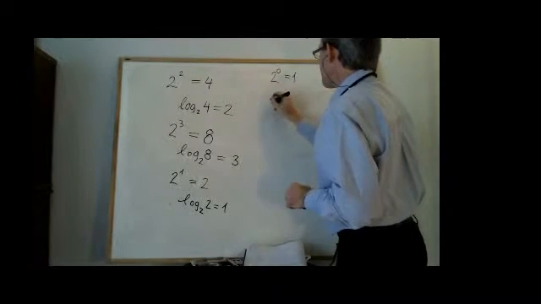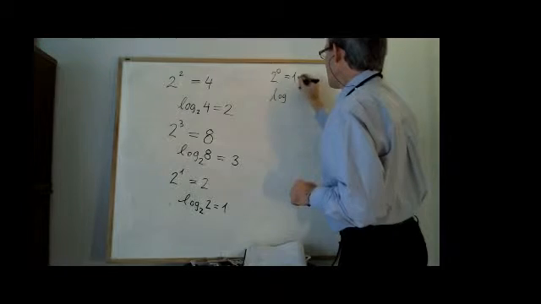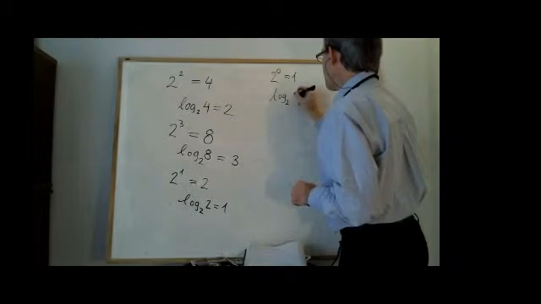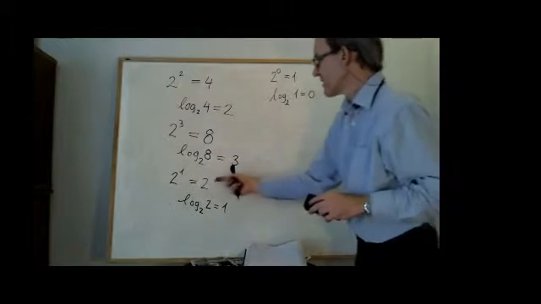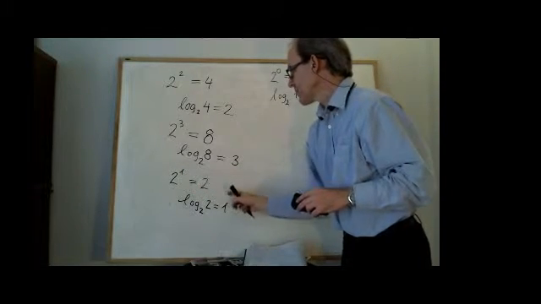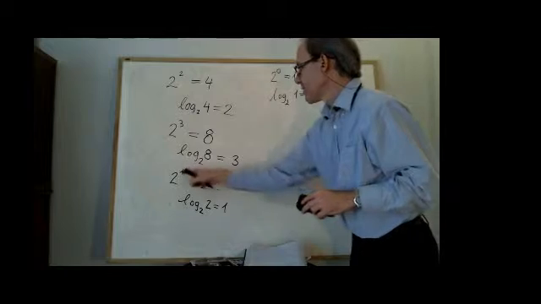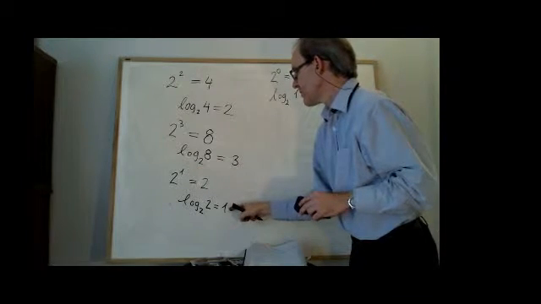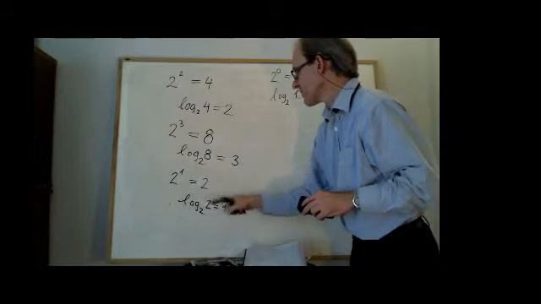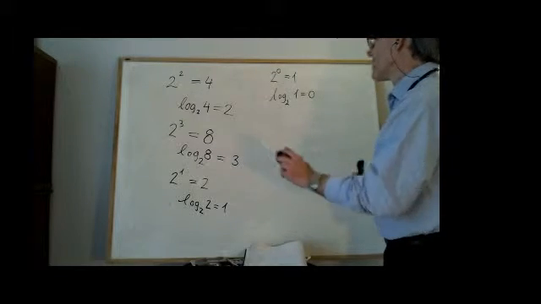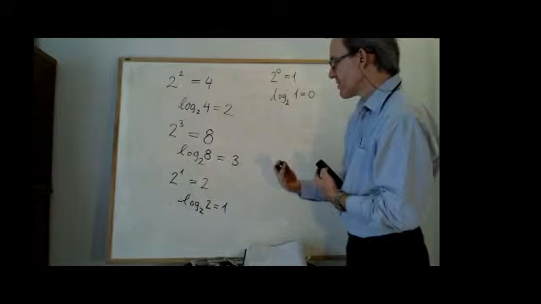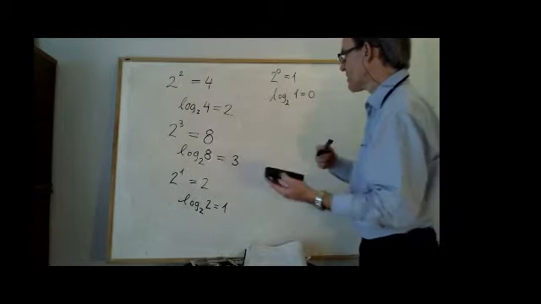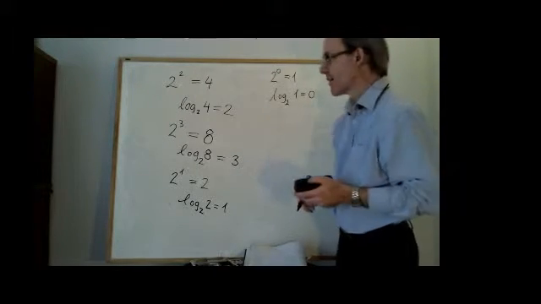That's always true, so here it becomes log base 2 of 1 is 0. In both these cases, I'm switching the x and the y around, and the x value here is the new y value, the old y value is now the new x value. Remember, when you solve for the inverse function, you have to interchange x and y and then solve for y.